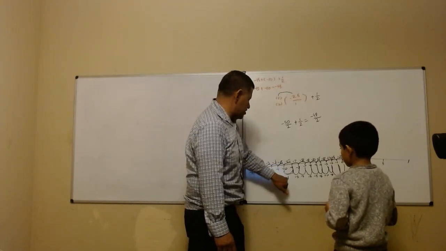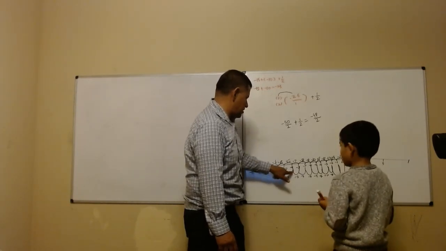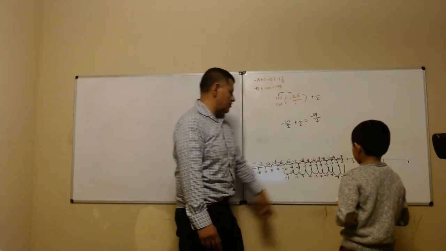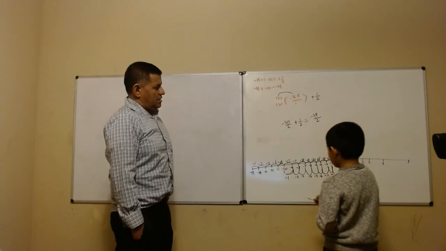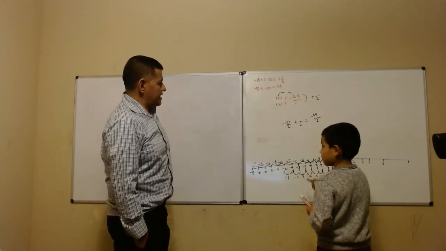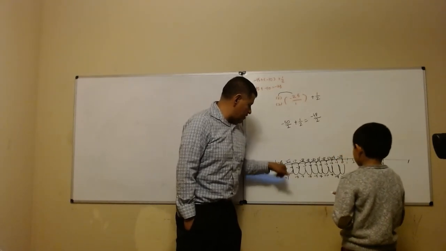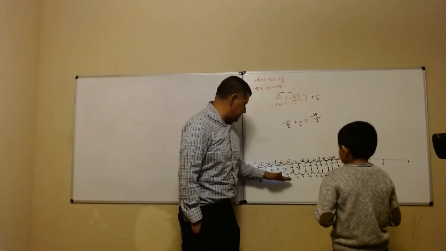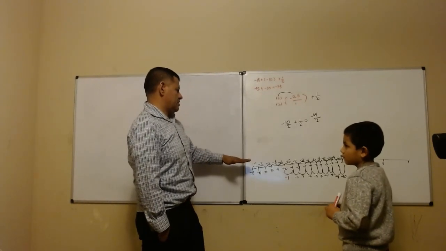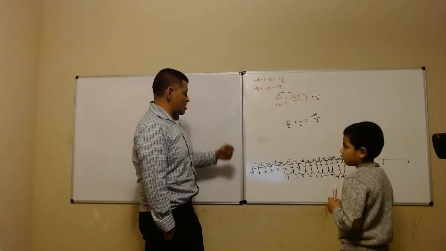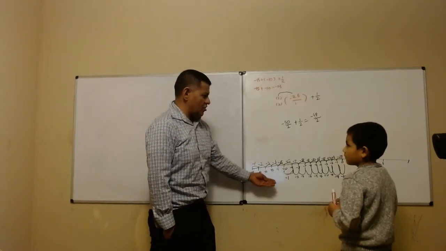From 10 to 9 is 1. Then you count all the way down. So negative 15 plus negative 10, right? That's how somebody who doesn't know how to add signed numbers will understand how to add them using the number line.